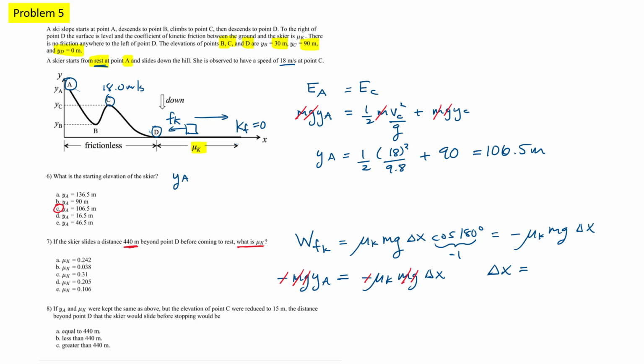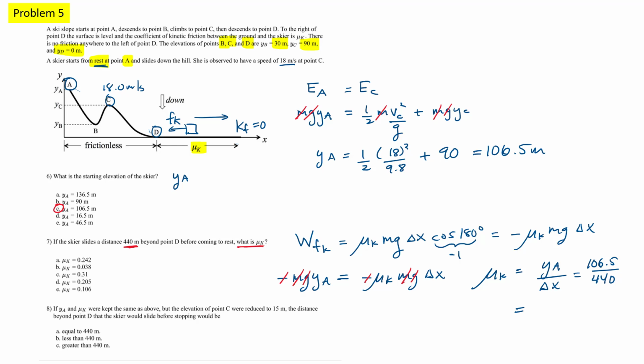Oh, it's not the distance I'm trying to solve, I'm sorry. We're looking for the coefficient of kinetic friction, mu k. All you have to do is take the height we just calculated and divide it by the total distance I slid. So this is simply 106.5 divided by 440, the distance I slid before I came to a stop.